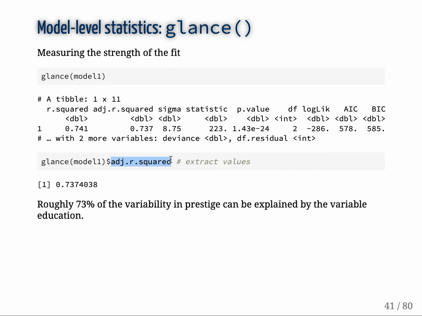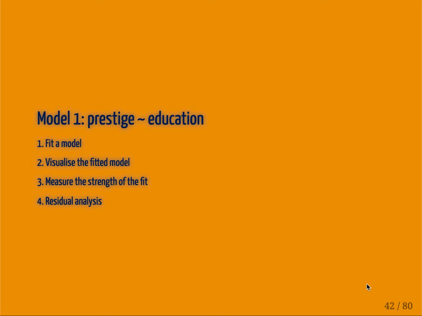You should now be able to extract variables by using both base R functionalities as well as tidyverse functionalities. Here, roughly 73% of variability in prestige is explained by the variable education. Next is residual analysis.